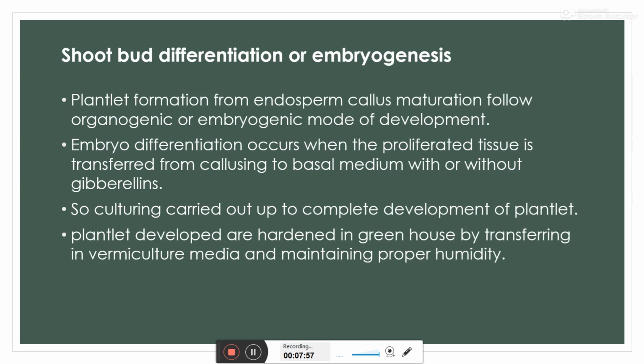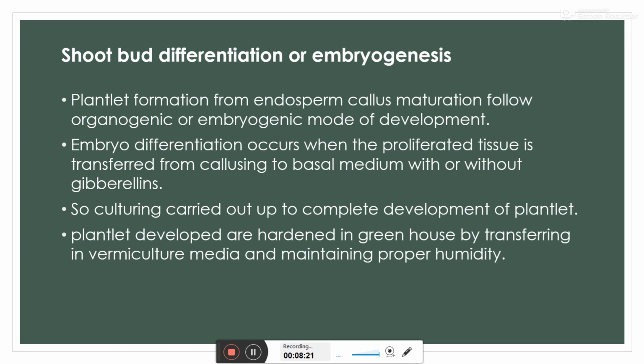Now next is how shoot bud differentiation or embryogenesis takes place in endosperm culture. So, for plantlet formation, endosperm culture maturation follows organogenesis or an embryogenetic mode of development. After callus formation, they will follow either organogenesis or the embryogenic mode of development.